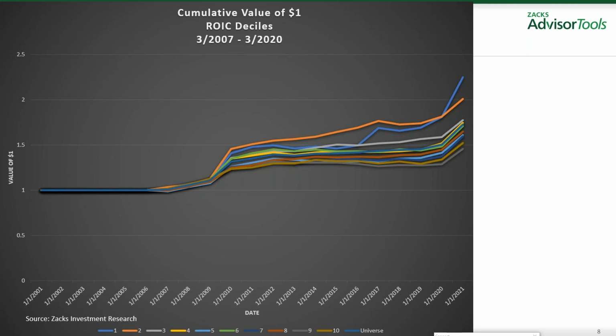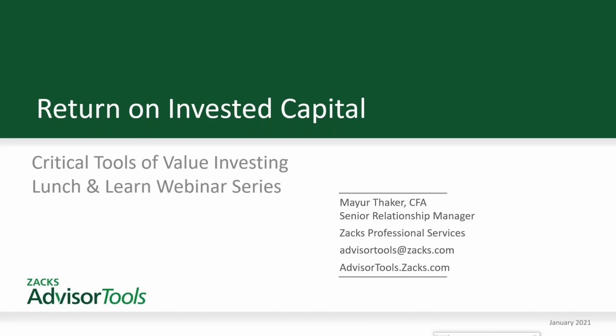So one thing that a lot of folks do, for example, if you are a value manager, unfortunately, a lot of value managers have underperformed the market over the past 10 years. And one of the reasons is because they focus too much on PE multiples or too much on price to cash flow multiples or things like that, and not enough on ROIC.